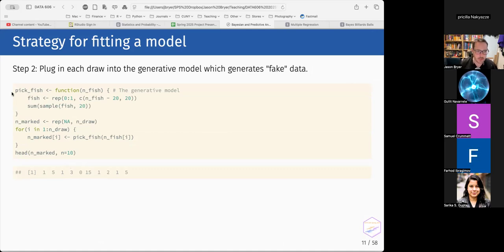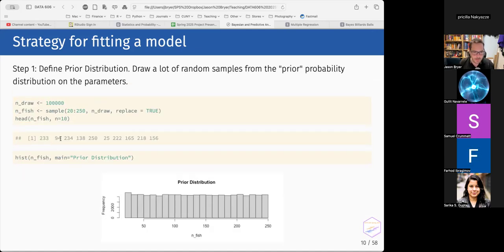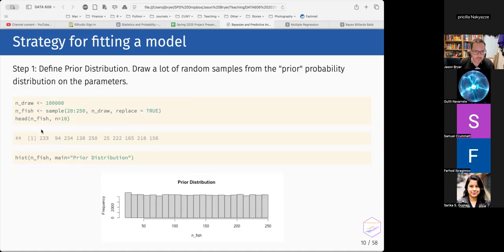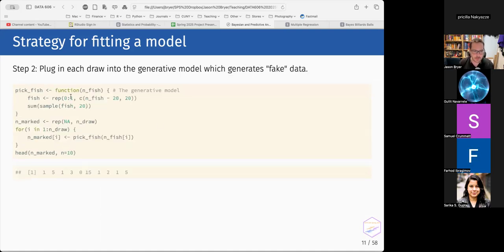So I'm going to define a function called pickfish. It takes one parameter. In a moment, we're going to see that I'm just going to pass these numbers one by one, so I'm going to loop over this function 100,000 times. Let's say 233 is my first one.